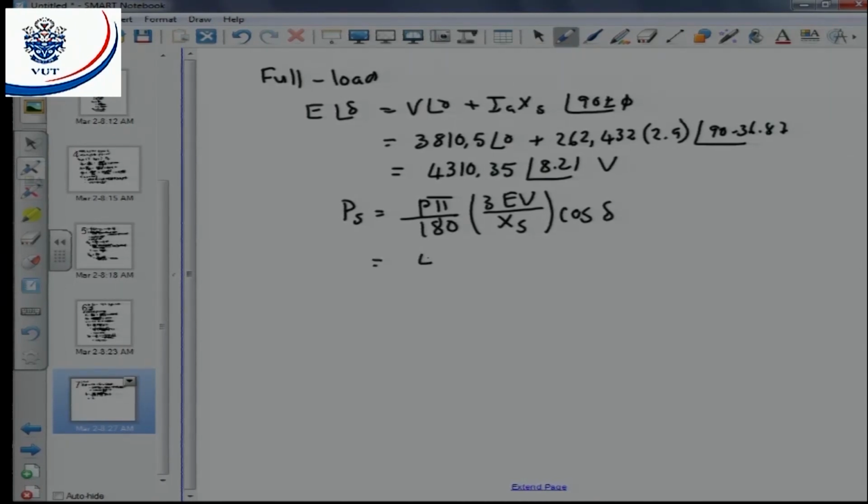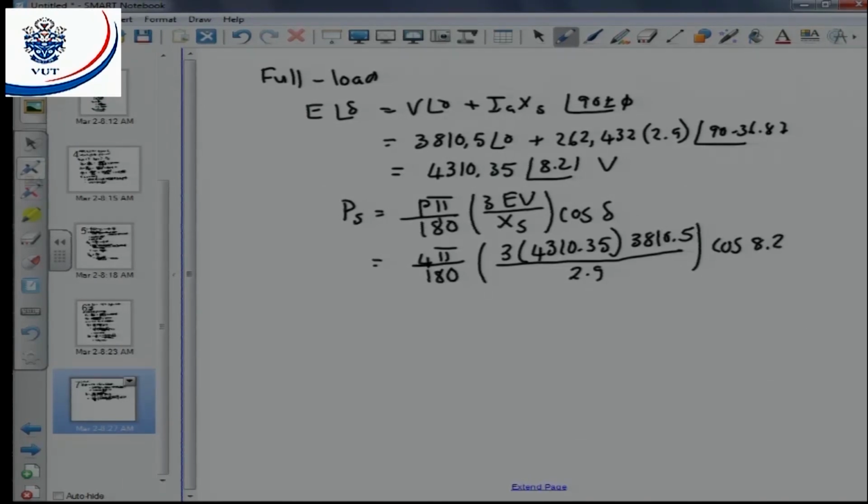Therefore, it will be 4 times pi divided by 180, 3 times 4,310.35 times 3810.5 divided by 2.9 cos of 2.1 degrees.